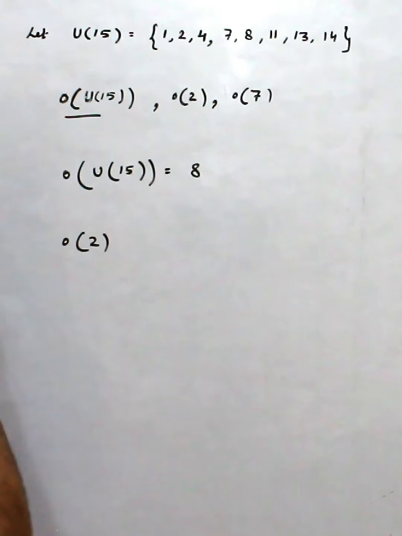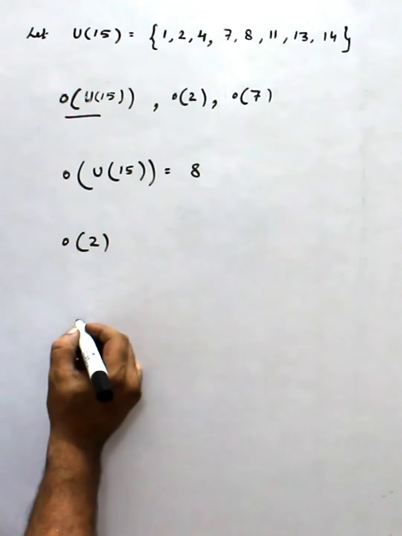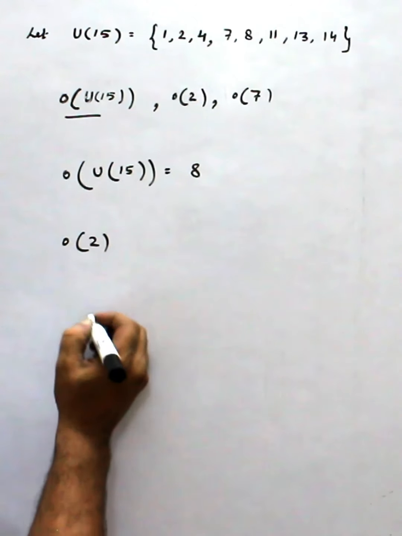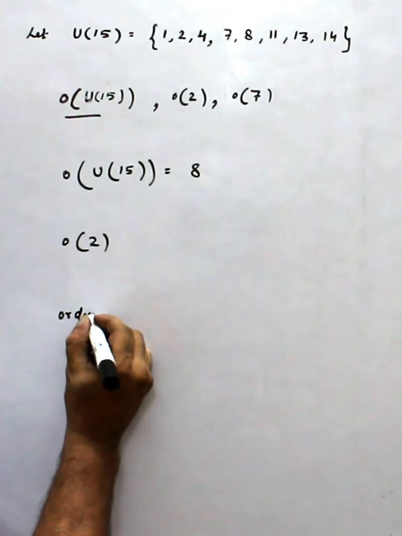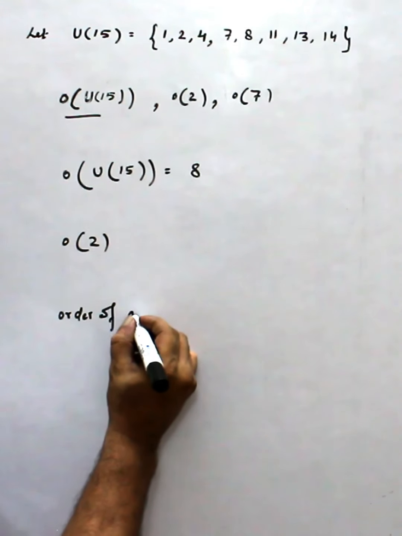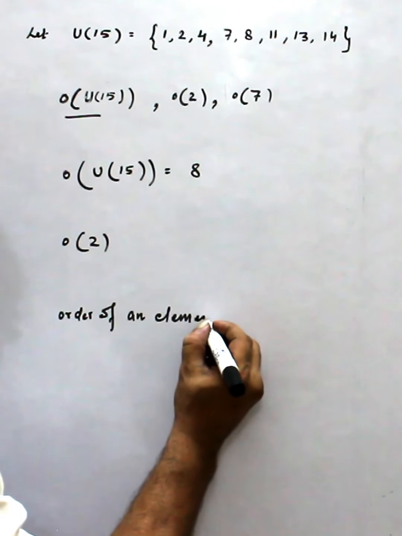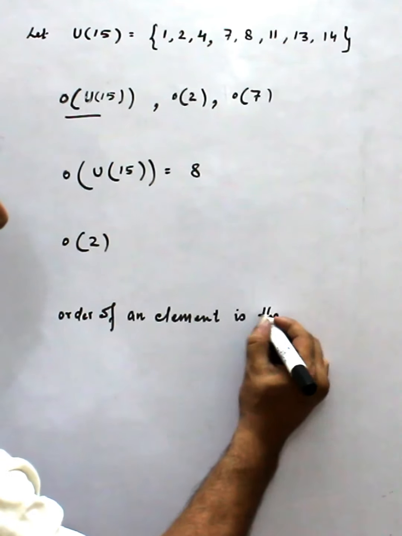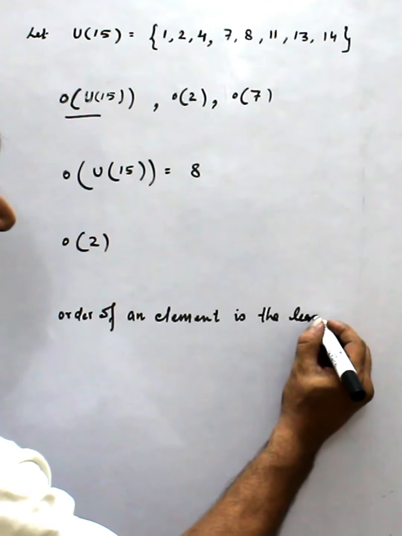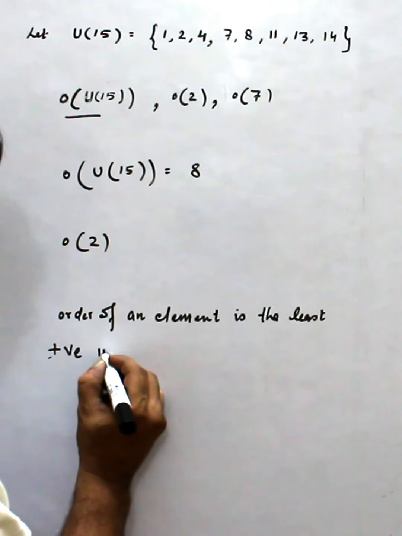Now the order of 2, because the operation is multiplication, what is the order of an element? The definition of the order of an element is the least positive integer.